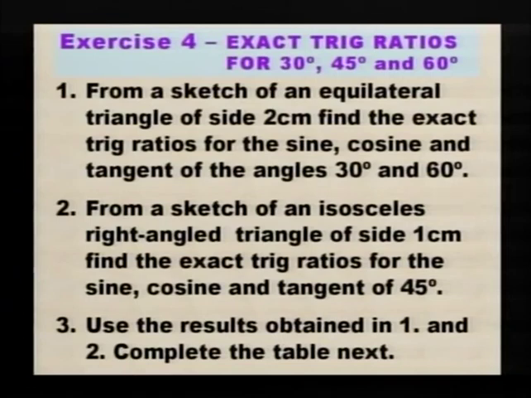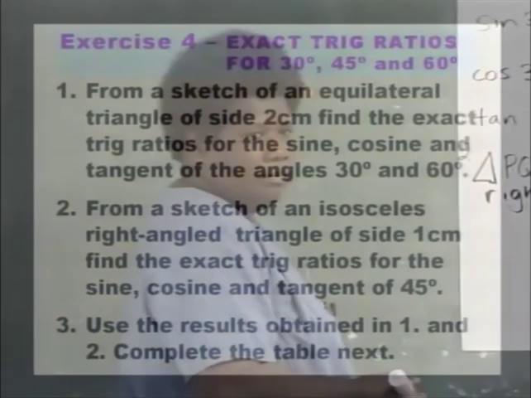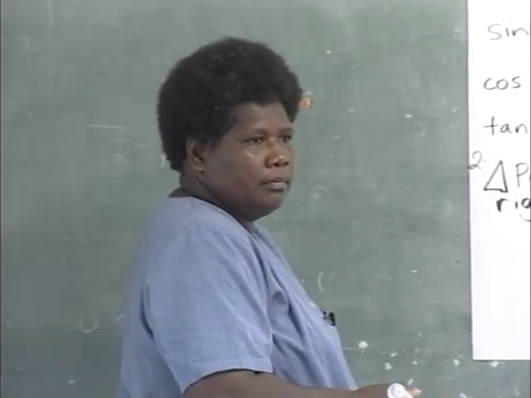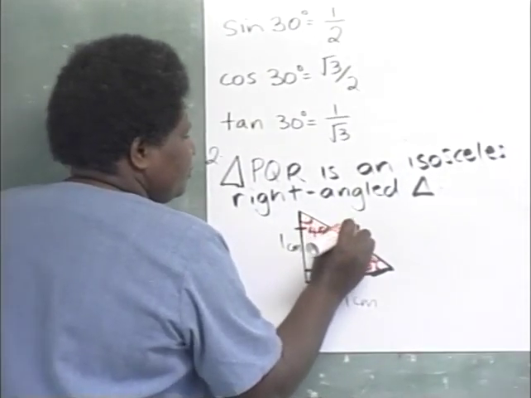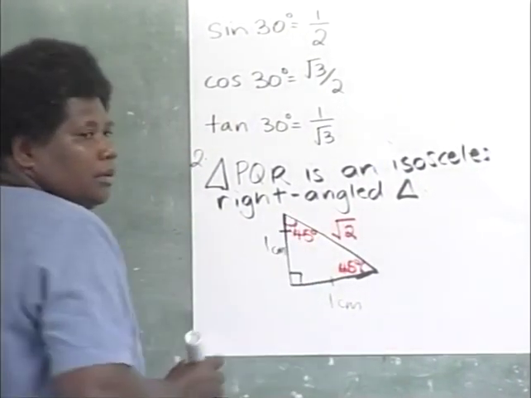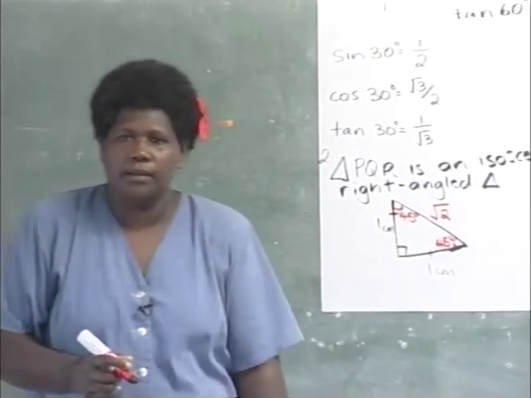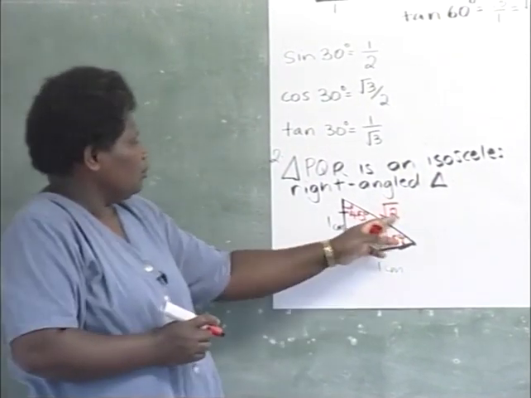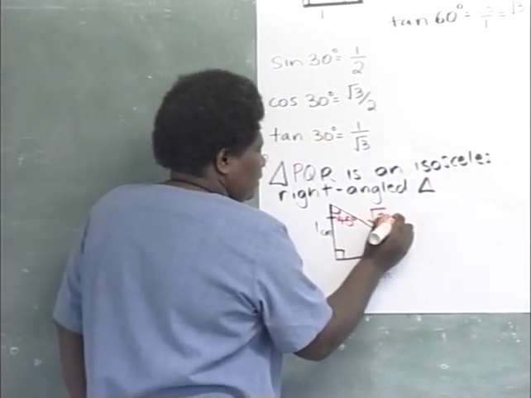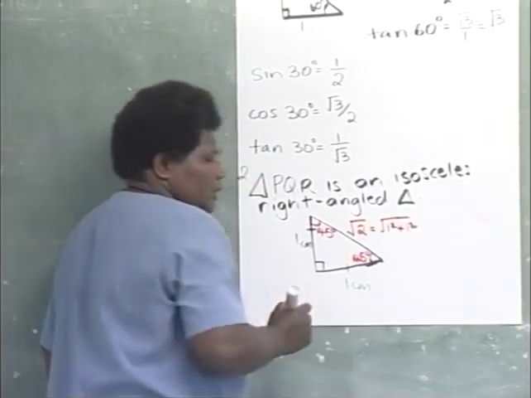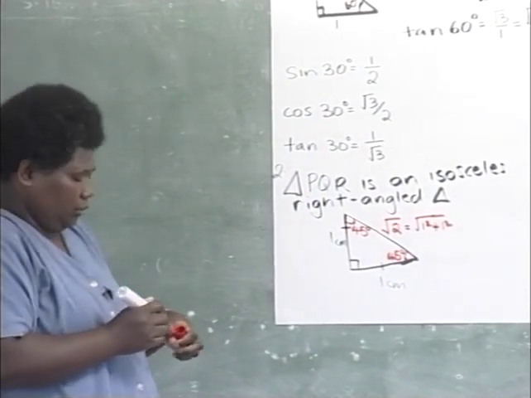Now, Marco, what's the hypotenuse of this triangle? Root 2. Okay, it's the square root of 1 squared plus 1 squared. That's root 2. I'll just write it on the side. This is how you get it: 1 squared plus 1 squared, the square root of 2.